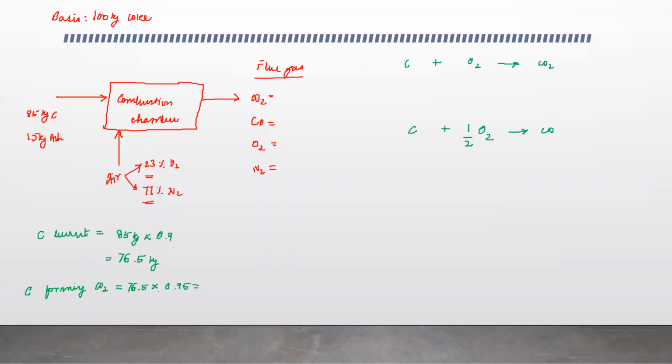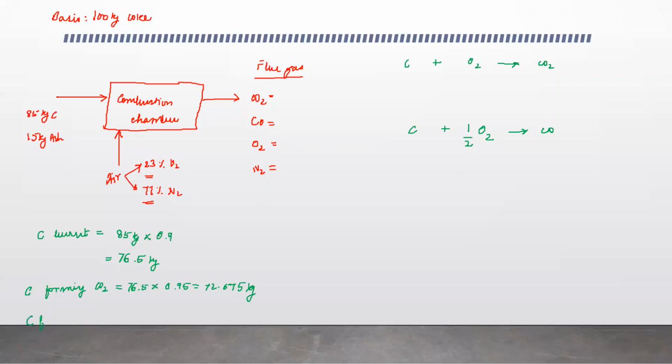Remember, all the percentages are by weight, so you need to keep everything in weight before you start actual conversions. So 76.5 into 0.95 is 72.675 kg, the carbon that is forming carbon dioxide.